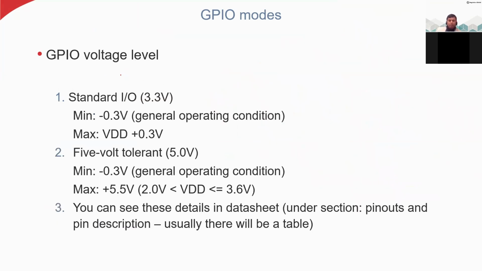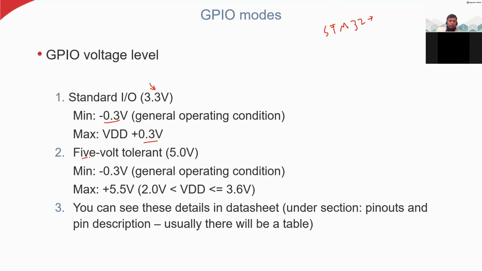Here we are now looking at the STM32 microcontrollers. The standard IO uses plus 3.3 volt as the standard, and the minimum and maximum voltage levels are minus 0.3 volt and plus 0.3 volt, for general operating conditions.